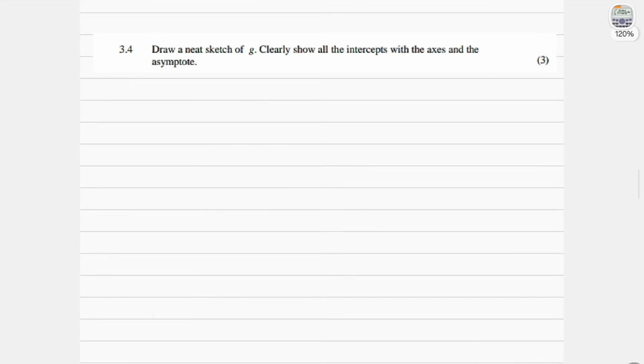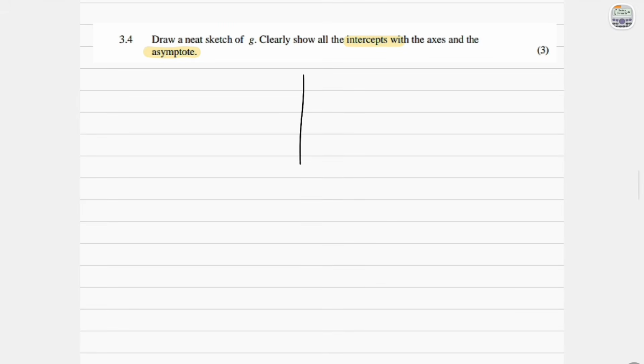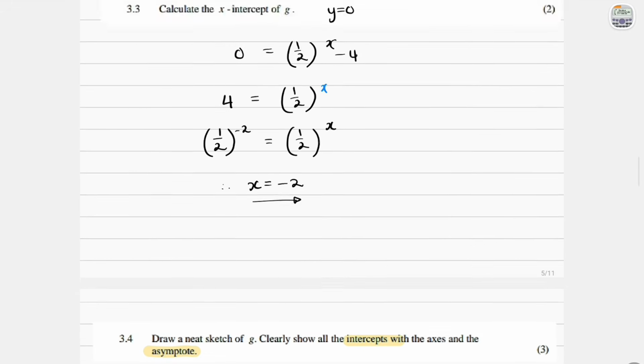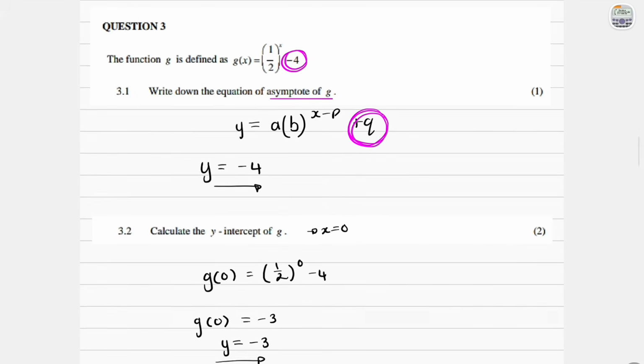Question 3.4 says, draw a neat sketch of G, clearly show all intercepts with the axes and then the asymptote. Okay, let's go ahead and put down our Cartesian plane, and then we can also put down the asymptote. So that's what you start with. Start with the asymptote. Now, before actually drawing this, you can consider what the asymptote looks like.